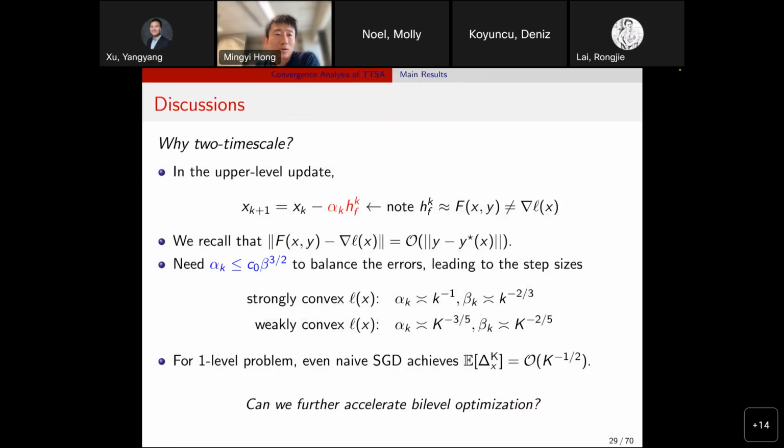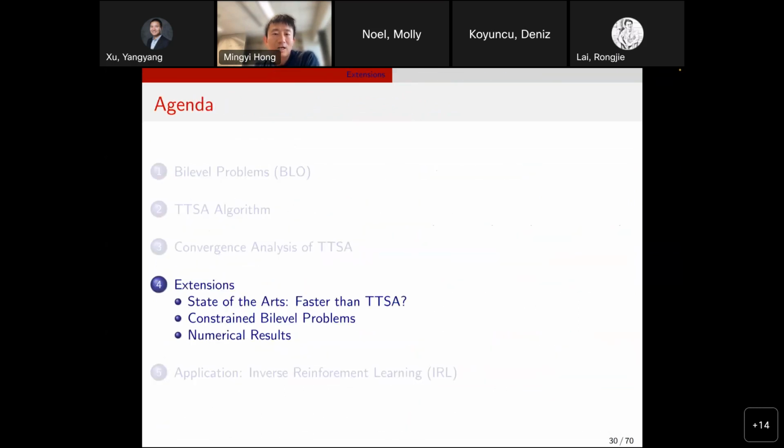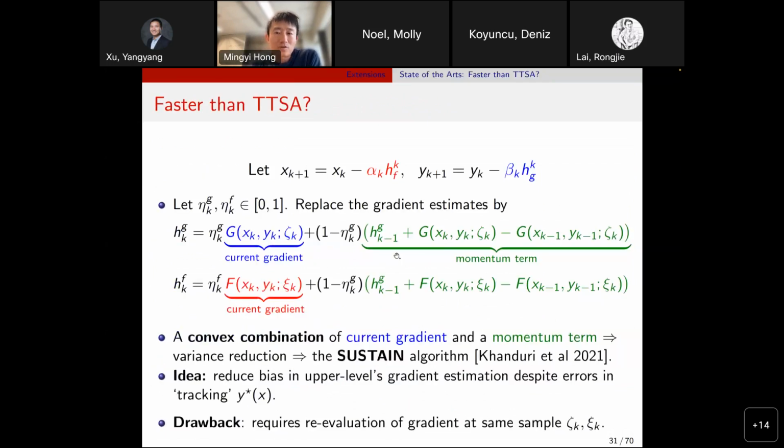Okay. So let me briefly talk about a few extensions in the state of the art. Since we just mentioned that this naive SGD kind of approach is relatively slow, the question is whether we can further improve it. It's possible. I'm not going to go into too much detail, but we could add certain momentum terms, highlighted in blue here, to both the upper and lower update.